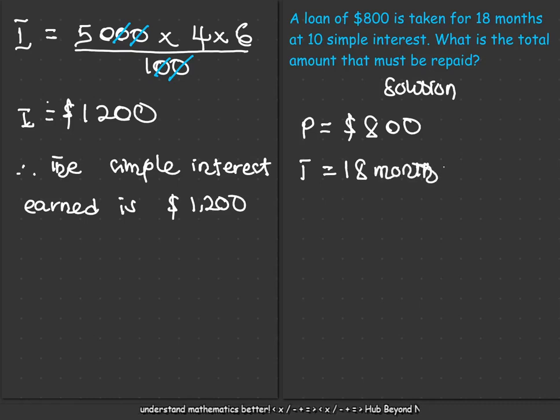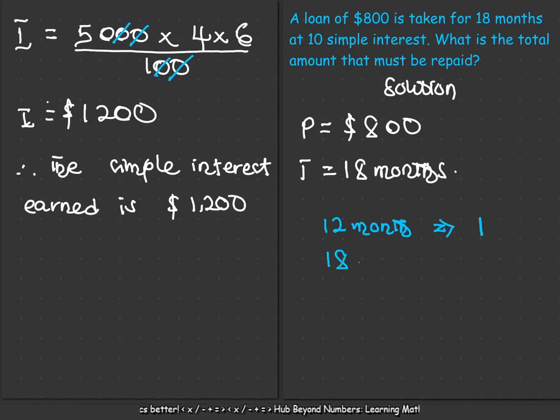But take note, per our parameters, we said the time should always be in years. That simply means you would have to apply what we call your algebra here. So before we even solve the question, we would have to convert 18 months to years. How do we do that? Now, we know that there are 12 months in a year.